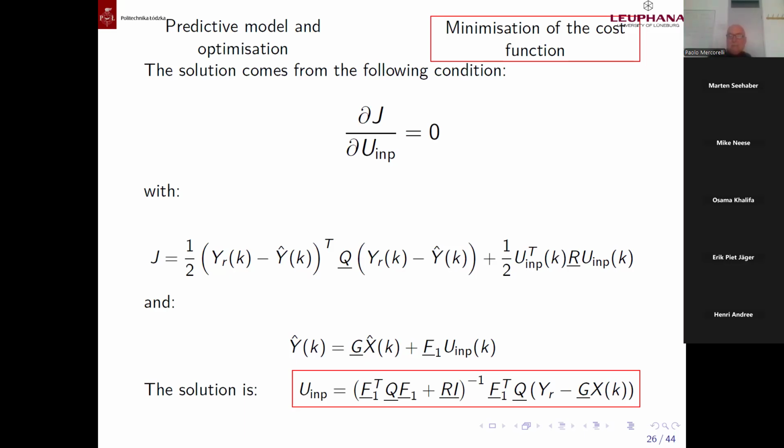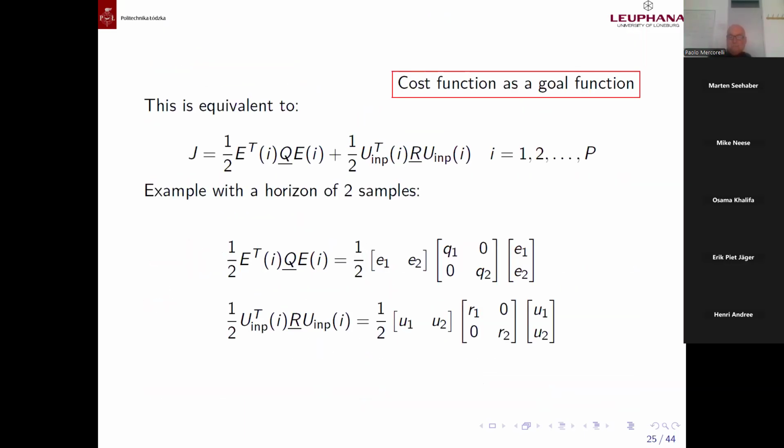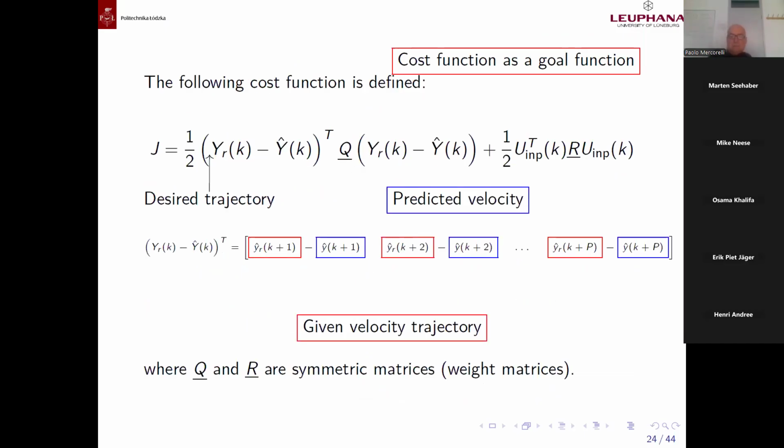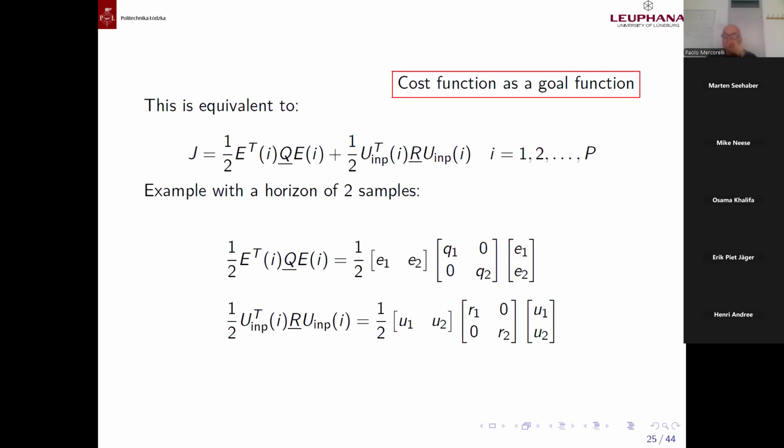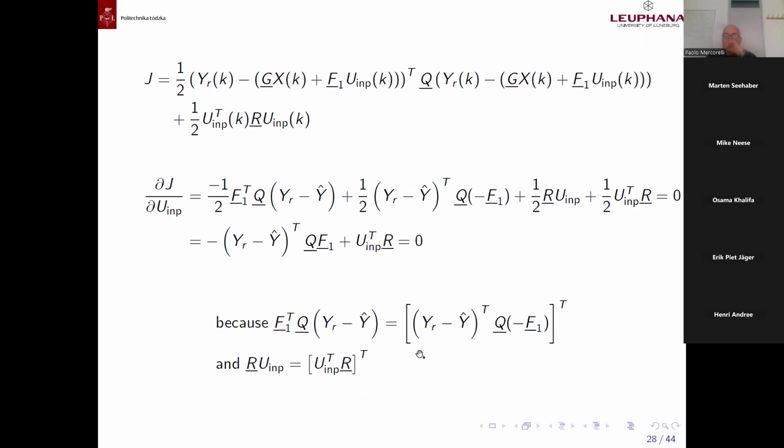I can express this. Probably it is better to look at the demonstration very shortly. If you plug in, instead of y hat, this expression here.